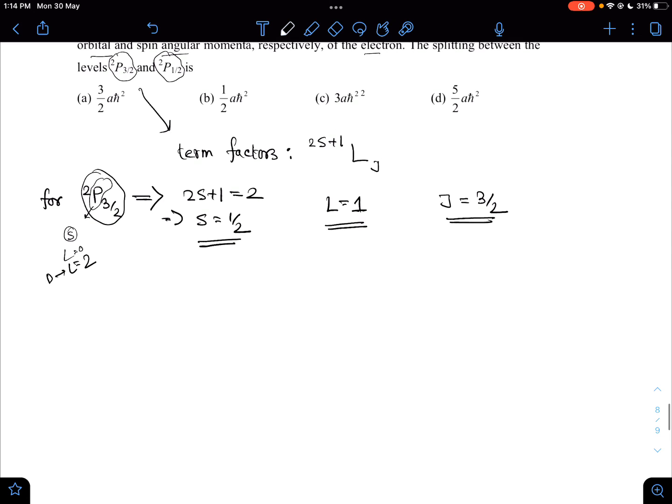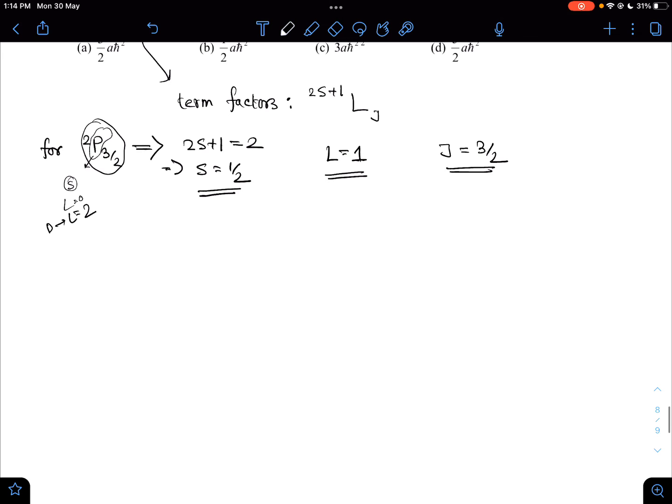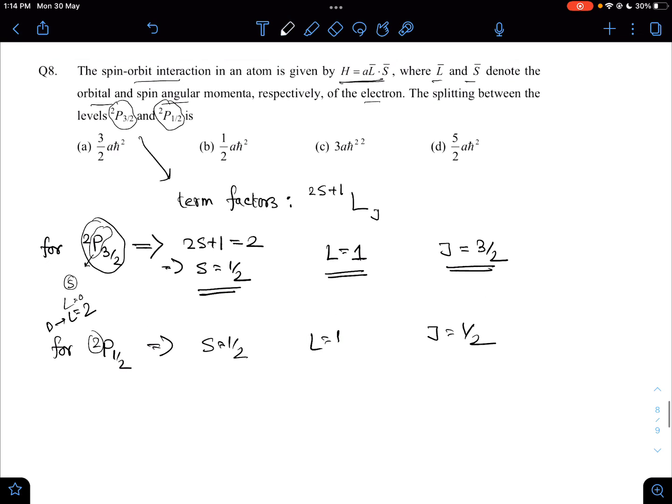Now let us calculate this for 2p1/2. Since this is the same, the S value will be the same, the L value will also be the same, and we have J value here half. So we have the S, L and J values for both the states.